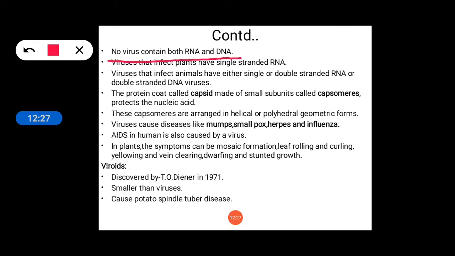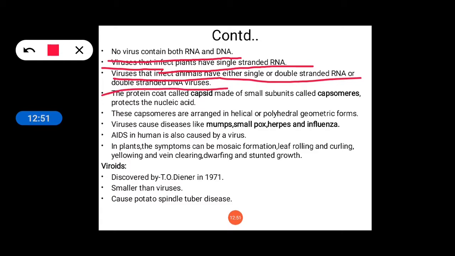We cannot find both in a single virus. Viruses that infect plant cells have single-stranded RNA. Viruses that infect animals have either single or double-stranded RNA or double-stranded DNA.